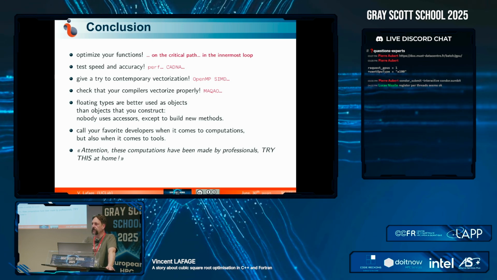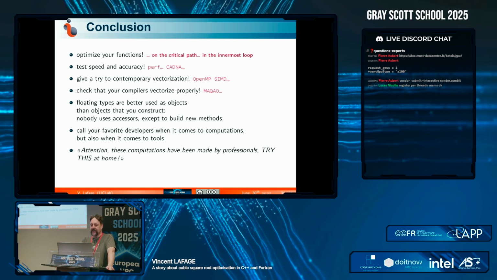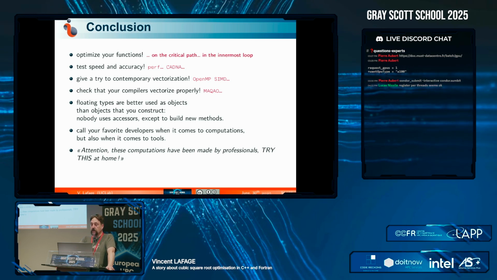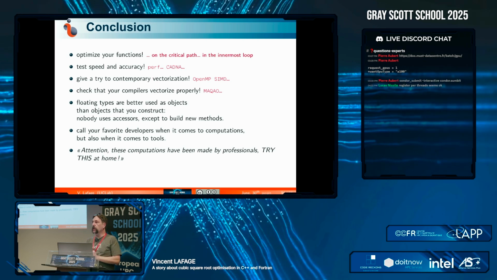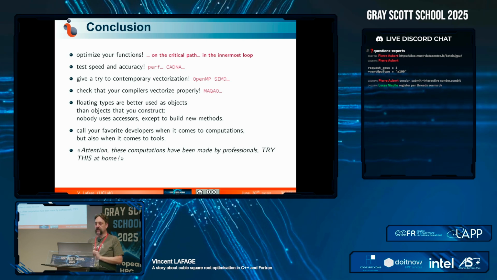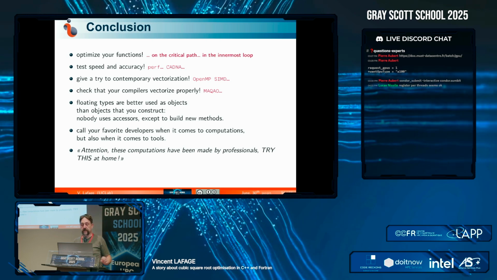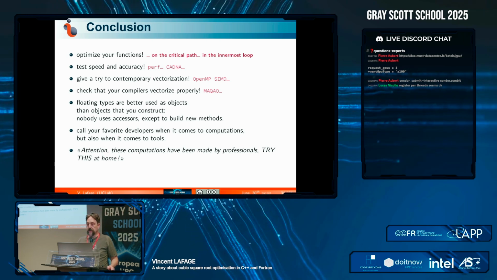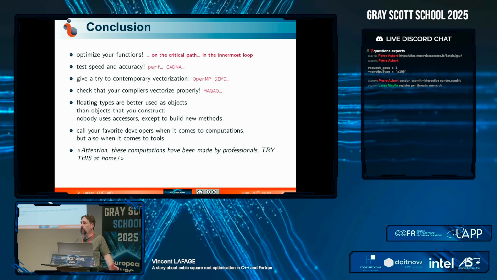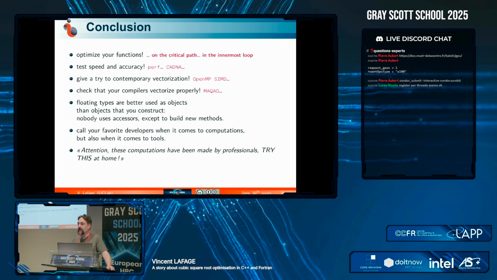So be proficient in Godbolt. It turns out that the floating types are better used as objects than most objects people construct. People feel compelled to write getters and setters. So with float, almost nobody uses an accessor except to build new methods, as was shown here.